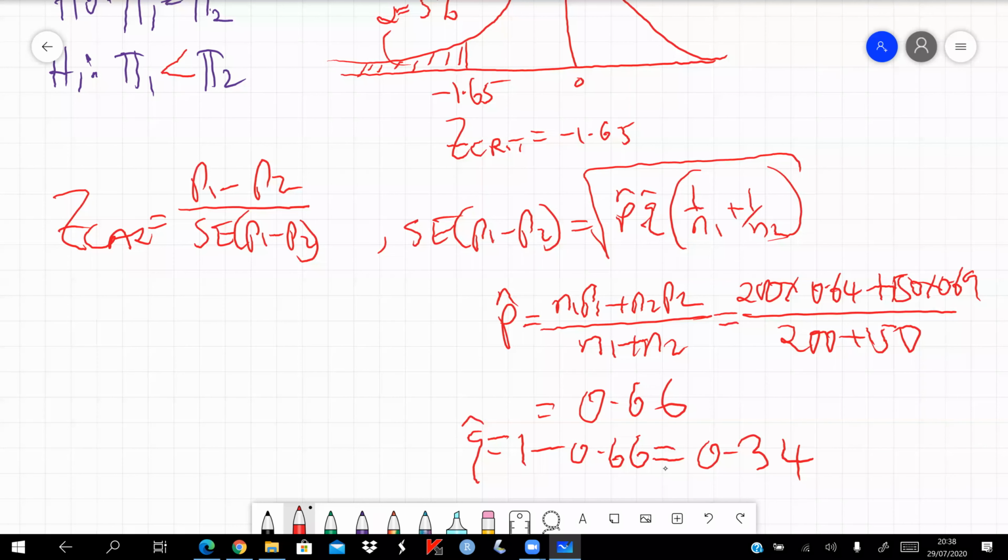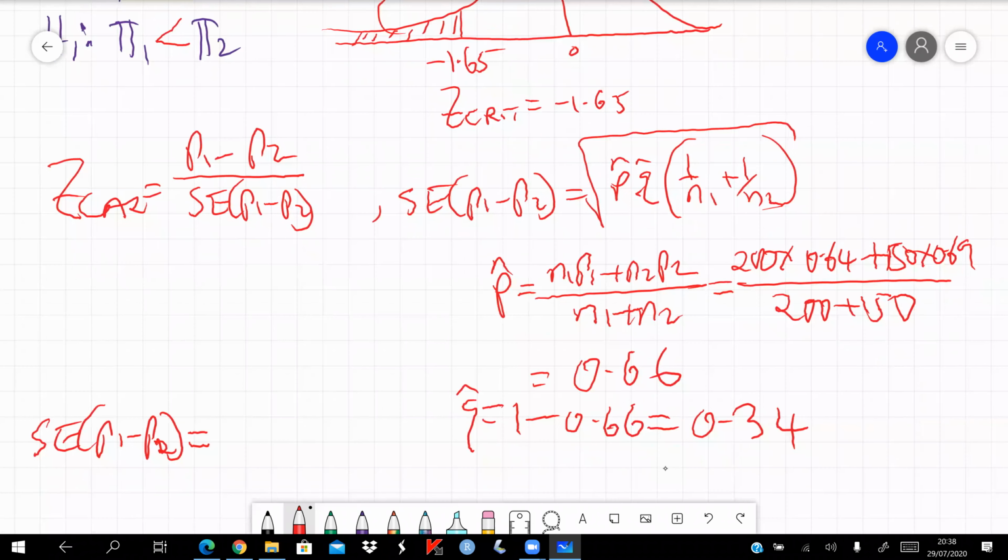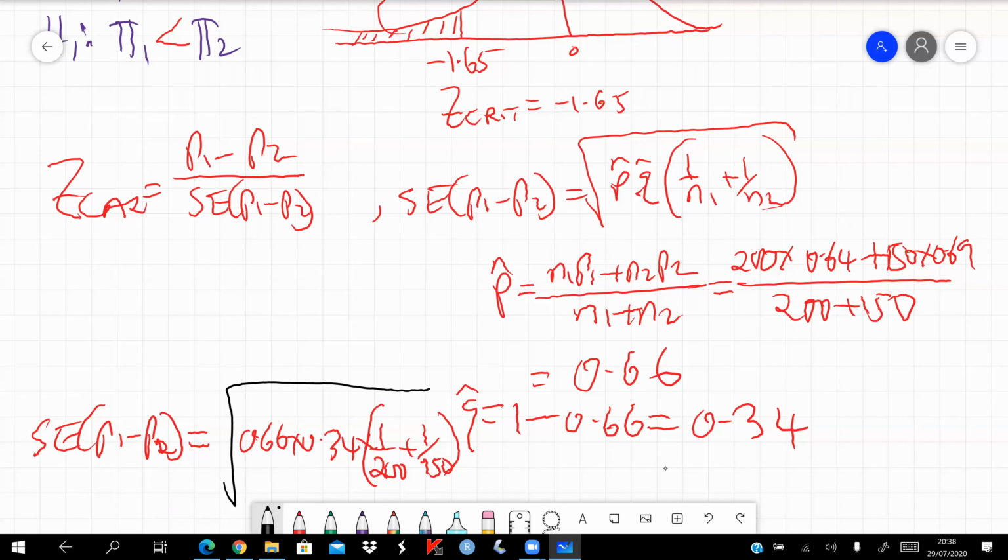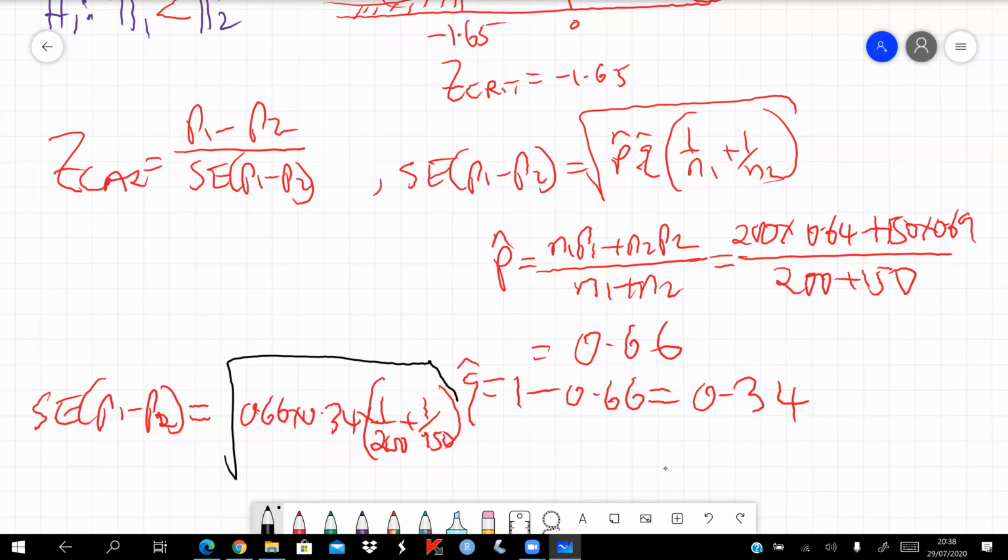So our standard error of the difference of proportions will be the square root of 0.66 times 0.34 multiplied by 1 over 200 plus 1 over 150.